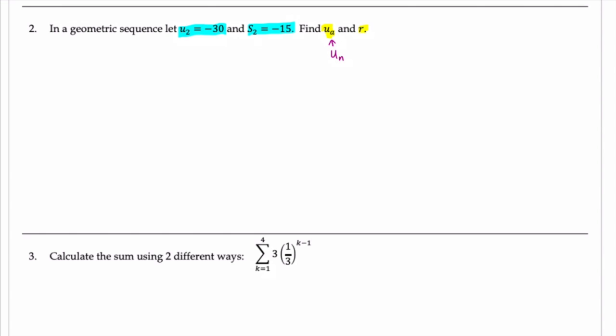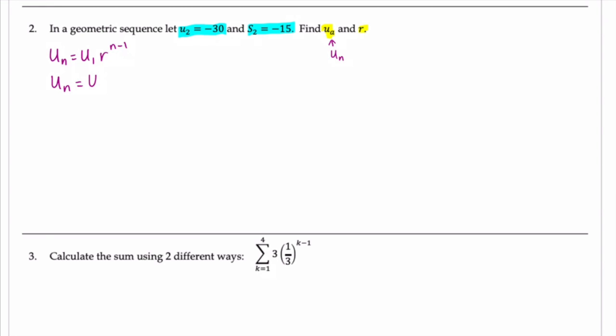So I am going to just think about this, and I know that to find the nth term, we would use the given formula. We could use a manipulation of this formula to help us find what we need to find using what we have. So I am going to replace this.